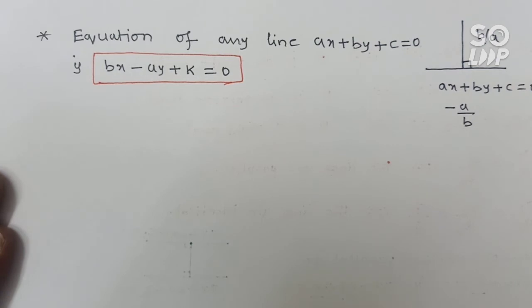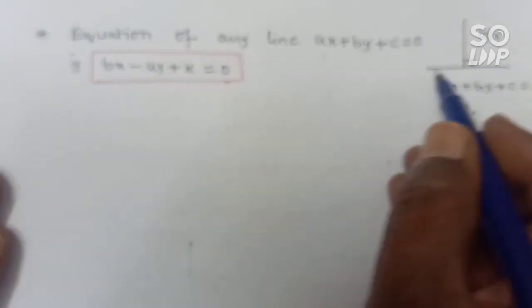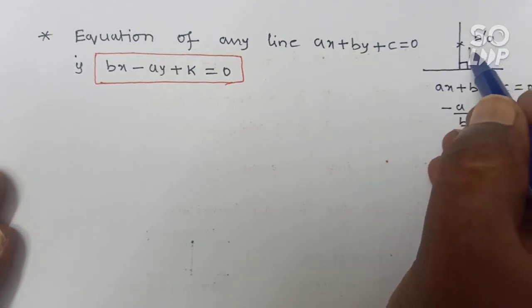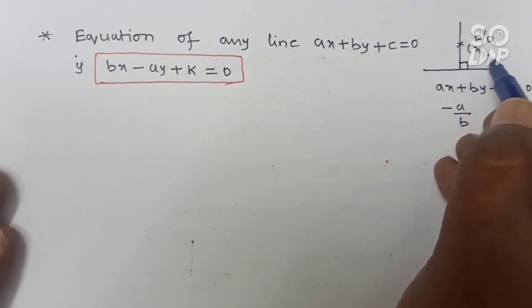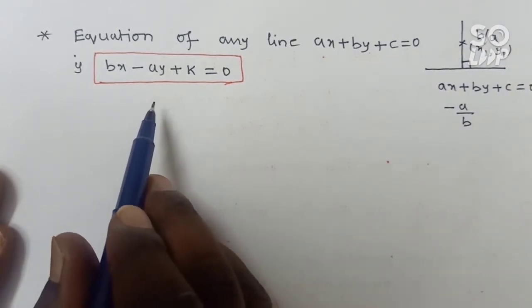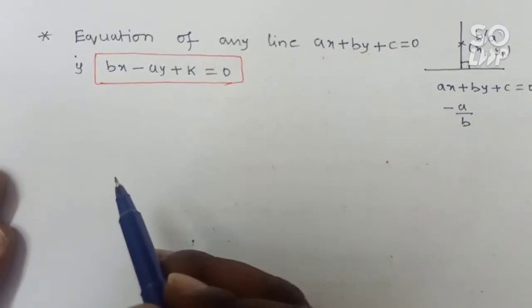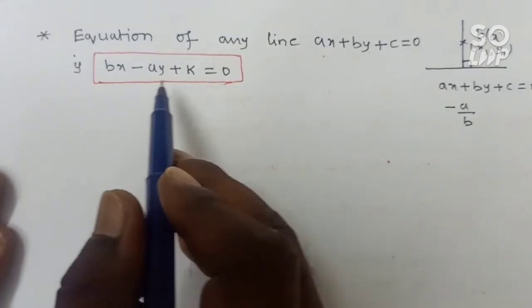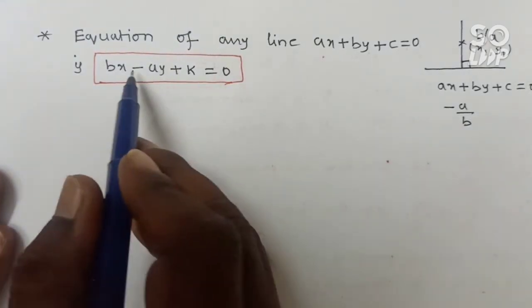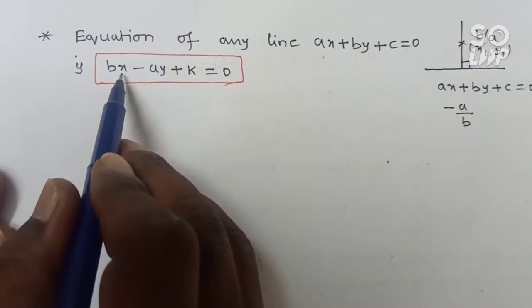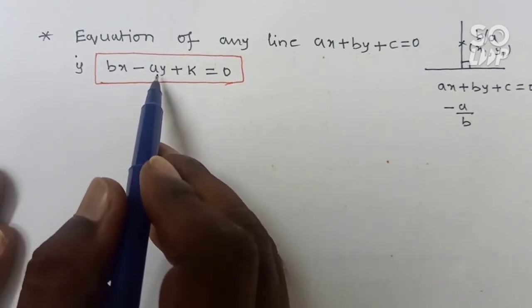Right? Next you see, suppose this perpendicular line passes through any point, let it be x1 comma y1. I told you in the parallel concept, if a line is passing through a point x1 comma y1, you replace x by x minus x1 and y by y minus y1.